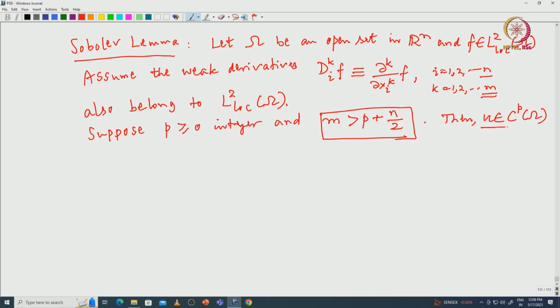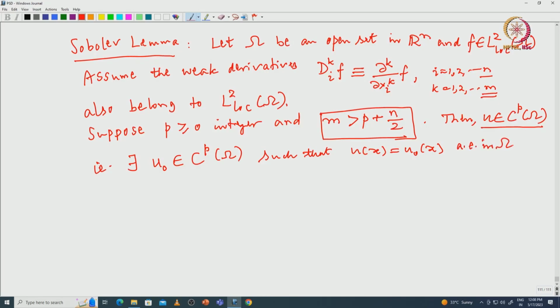Again let me stress the meaning of that: there exists u_0, a continuously differentiable function up to order p, such that u(x) equals u_0(x) almost everywhere in omega.